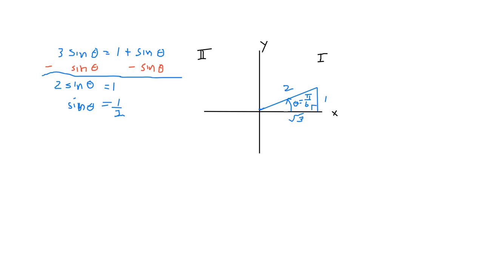Now, the other angle, the sine is also positive in the second quadrant. So I'll draw another right triangle here. Trying to draw it. I think it's having trouble keeping up with me.